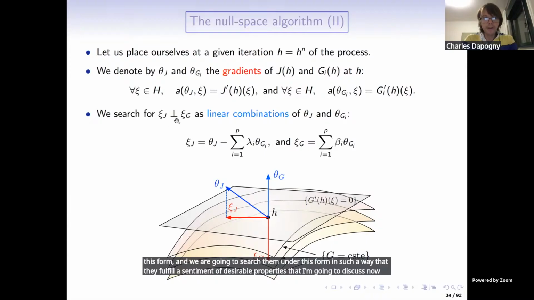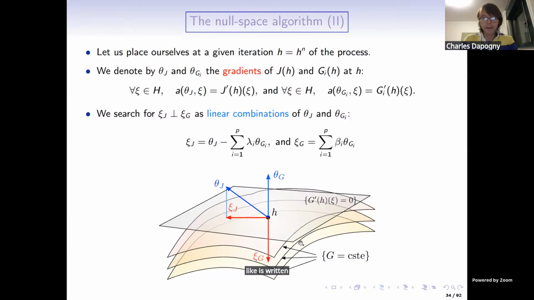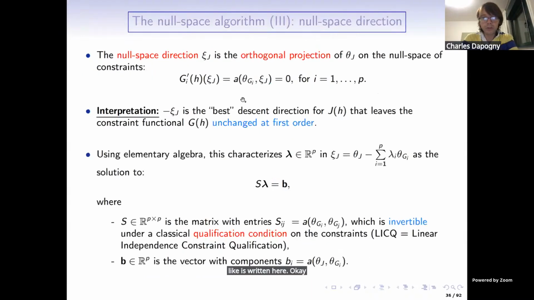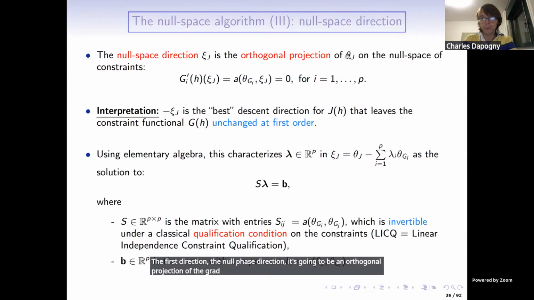So ξ_J and ξ_G are orthogonal, as is written here. The first direction, the null space direction, is going to be an orthogonal projection of the gradient on the null space of the constraints, meaning that ξ_J is a direction that aims to improve the value of the objective function, to decrease the value of J(h), while leaving the constraints untouched.